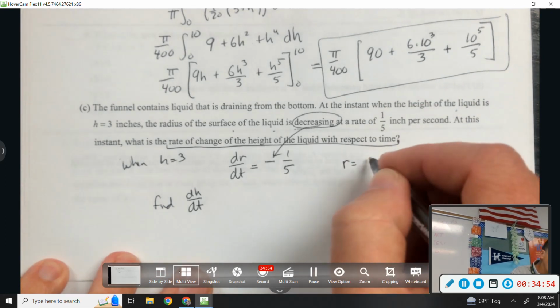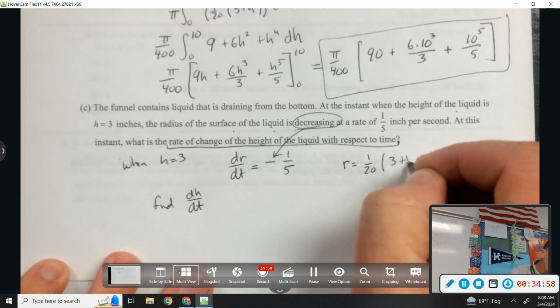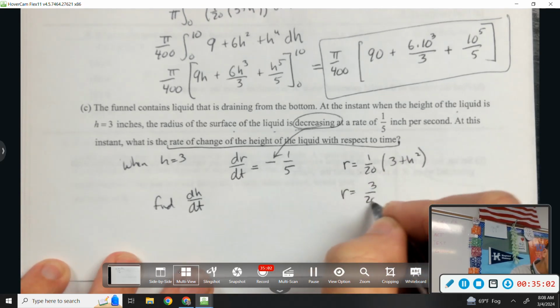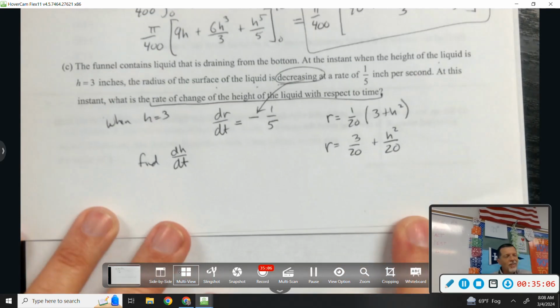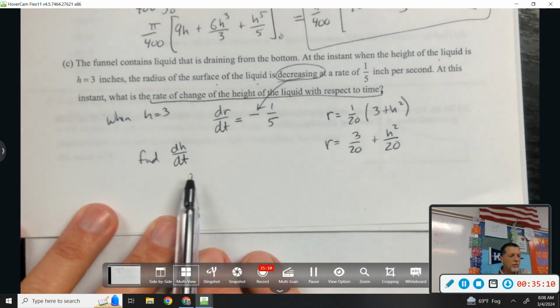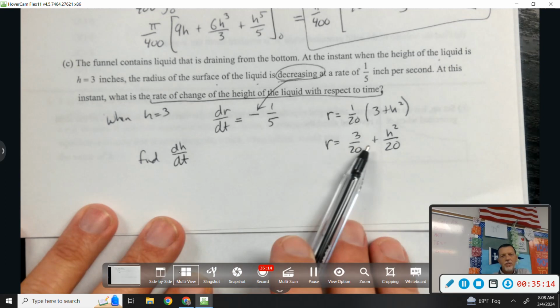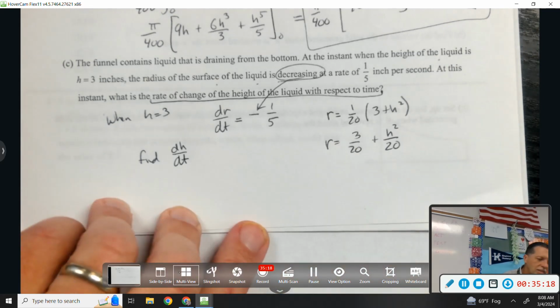R is equal to 1/20th times 3 plus h squared. I'm going to go ahead and distribute the 1/20th. It's a hard one. I want dr dt to show up, and I want dh dt to show up. So let's take the derivative with respect to t of both sides.